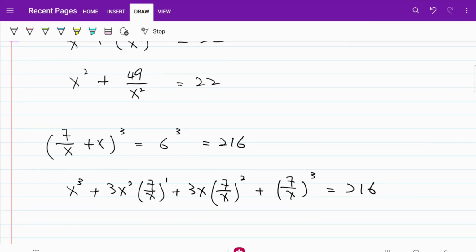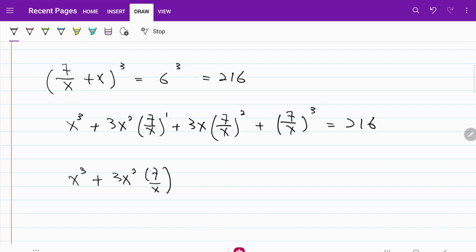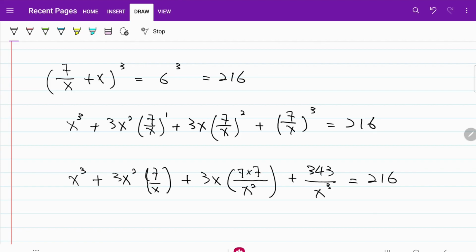We'll work to simplify the left hand side. So what I have is x cubed plus 3x squared multiplied by 7 over x, plus 3x multiplied by 7 times 7 over x squared, plus 343 over x cubed, and that's equal to 216.